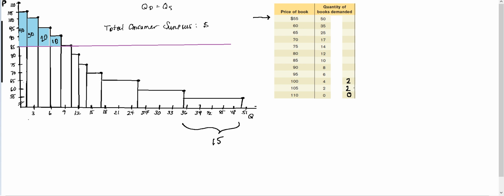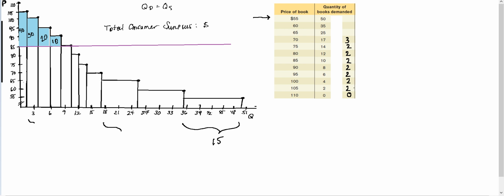Now we have 3 more. Now, where is this represented? This is represented in this first bar that starts to get a little bit wider. Then we have 8 more come in. So that's represented in this second bar that gets even wider.